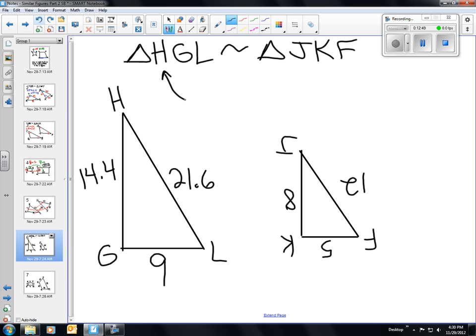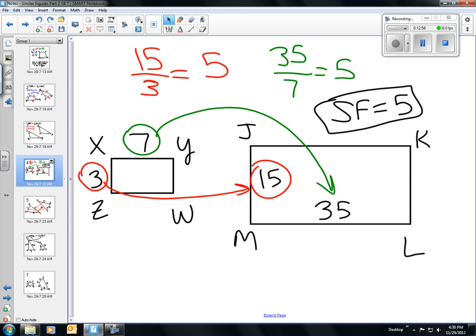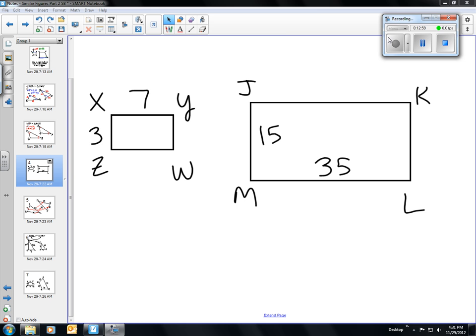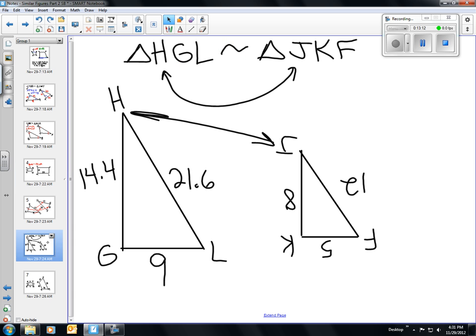So notice how H matches up with J because those are corresponding parts in the figure. We forgot to actually do that for the first one, but we can do it real quick. We would say XYWZ is similar to JKLM. And again, those corresponding parts have to match up in the way you're drawing it.